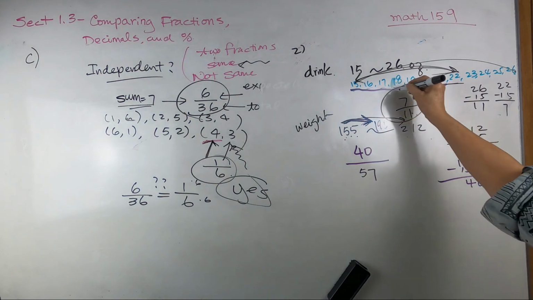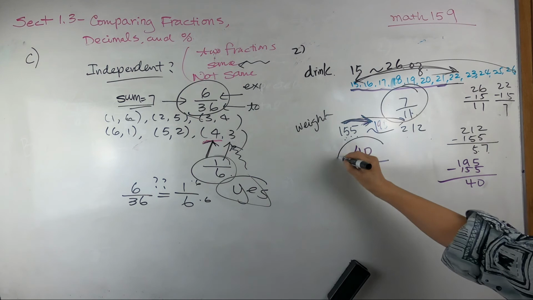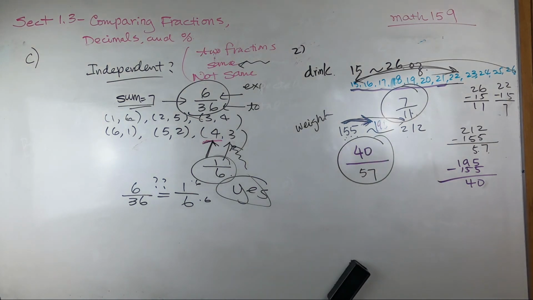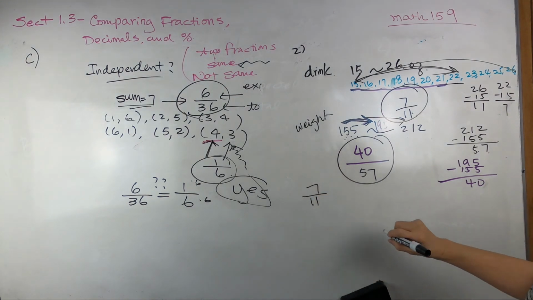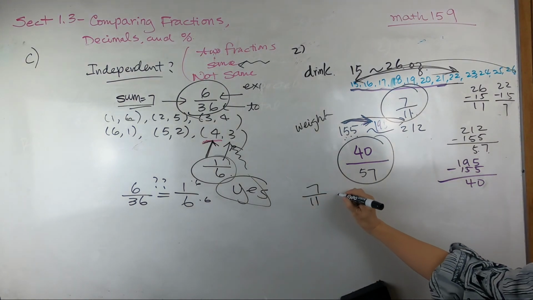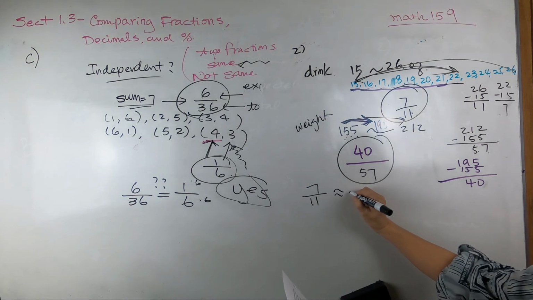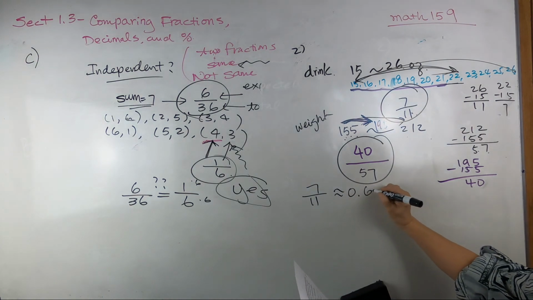So one chance is 7/11. Another chance is 40 over 57. Which one has a bigger chance? Then you have to compare these two numbers, right? So you just change it to decimals. So this one is with 4 decimals, that would be 0.03.